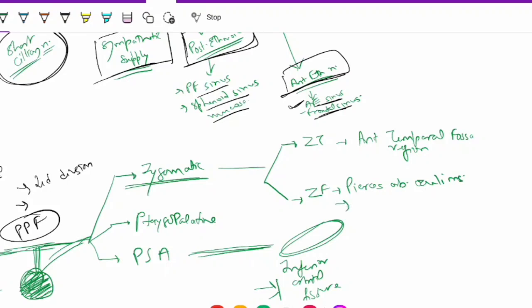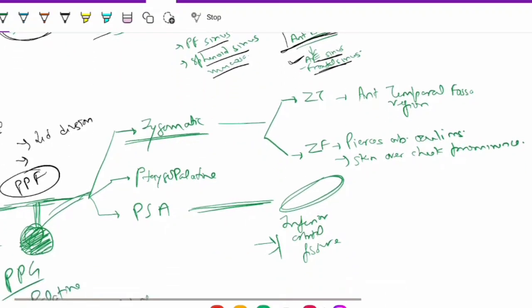Second, it supplies the skin over cheek prominence. So whatever cheek prominence you can feel right now just beneath your eye, that skin is supplied by ZF. Whereas a little bit lateral to the forehead, as soon as it turns back, that area is supplied by ZT, that is zygomaticotemporal. Right?